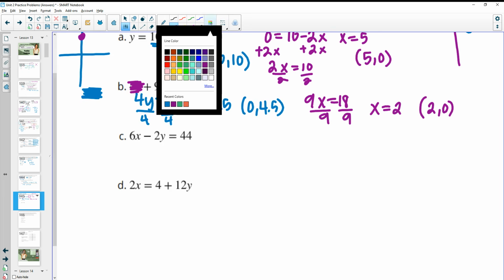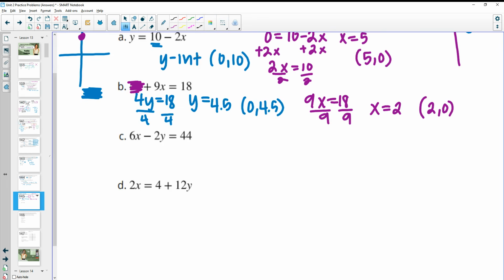C is in standard form as well. So then we can just plug in 0 for x, which is negative 2y equals 44. Divide by negative 2, and you get y equals negative 22 for your y-intercept. So the ordered pair would be 0, negative 22.